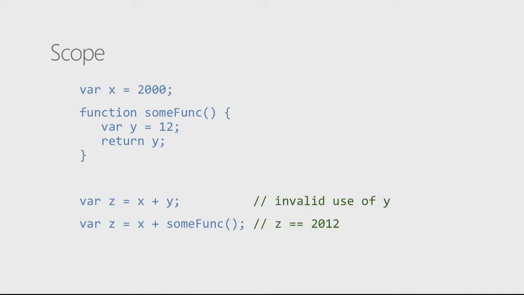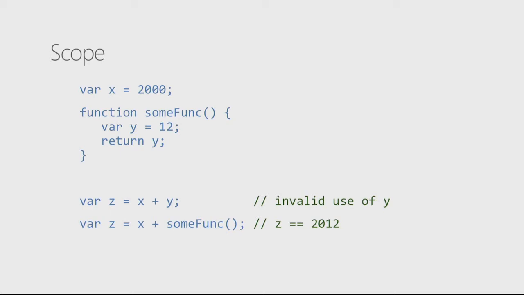So let's look at this example of scope. We have a variable called x that's equal to 2000. Then we have a function called sumFunc, and we have a variable inside of that function that's equal to 12. And then we also immediately return that variable value from the function. So down below, if I try to say variable z equals x plus y, it's an invalid use of y. And what would be the reason for that? It's hidden. We declared the variable in a function.